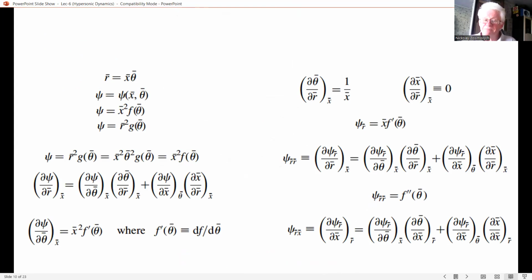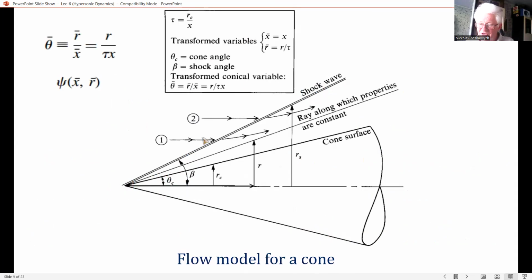For an axisymmetric flow, the difference in psi between two stream surfaces, designated 1 and 2 in our figure, is equal to the mass flow between these surfaces, and this mass flow is proportional to the circular ring of area between stream surfaces 1 and 2.